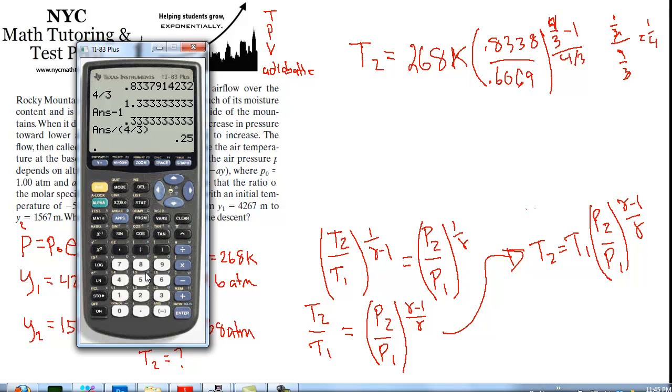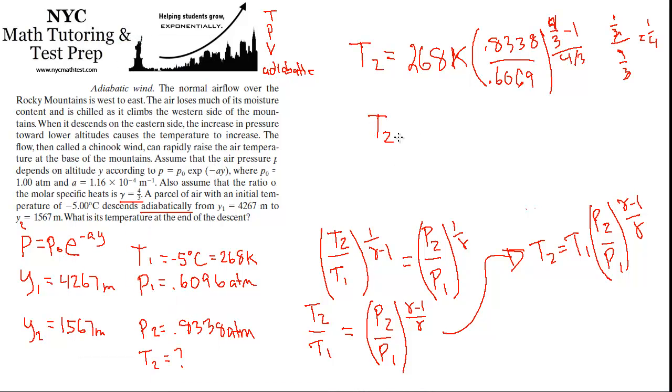0.8338 now divided by 0.6069 gives us this ratio, and that's being raised to the 1/4. Raise that to the 0.25, and then that whole thing is multiplied by 268 degrees Kelvin, and we get 290 Kelvin.